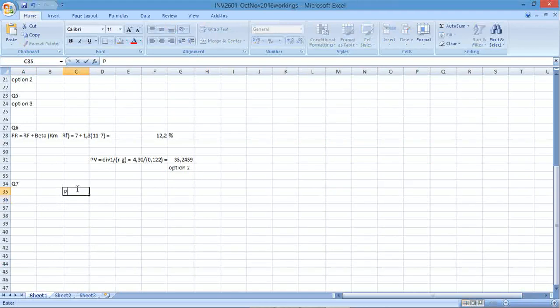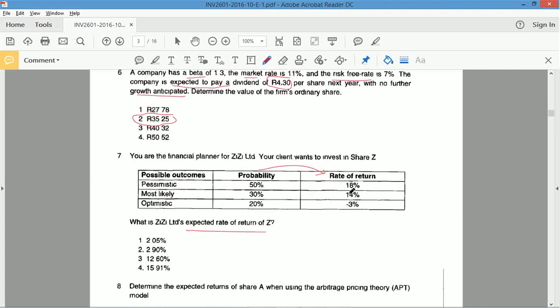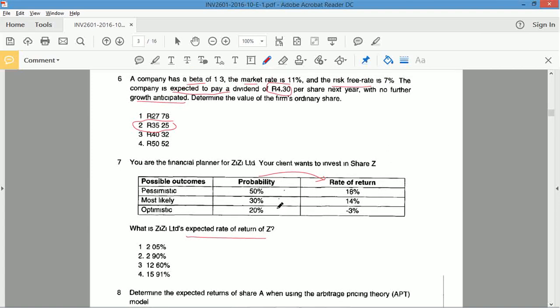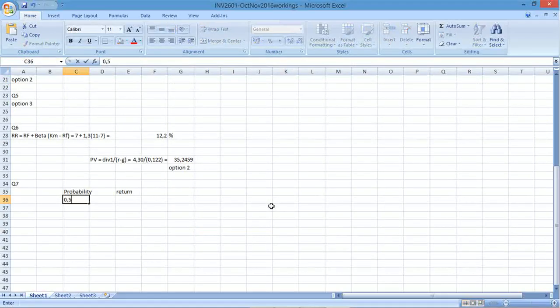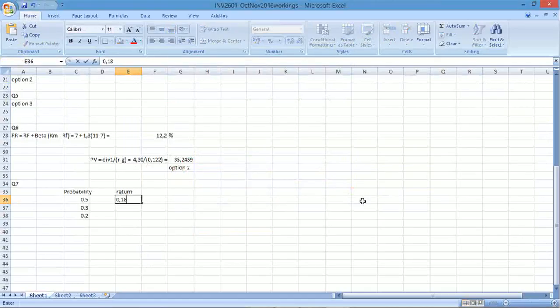So I'll just need two columns here: probability and return. My probability 50, 30, 20. And my returns 18, 14, minus 3.